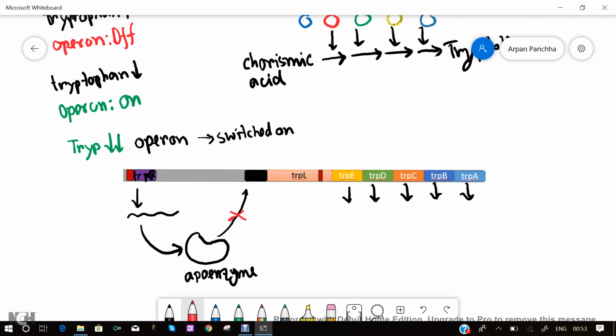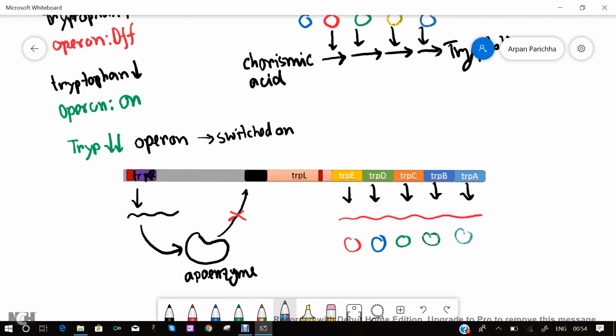So whenever tryptophan is low, there is not abundant tryptophan to bind to this apo-repressor or to activate this repressor. So in absence of this repressor, the trp operon genes are expressed, and as a result, all the protein products are also produced, and the end point of that is production of tryptophan from chorismic acid.